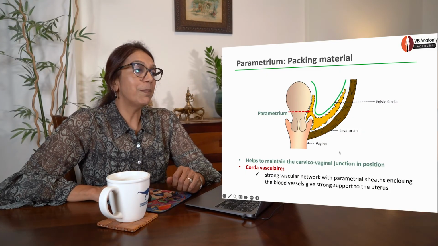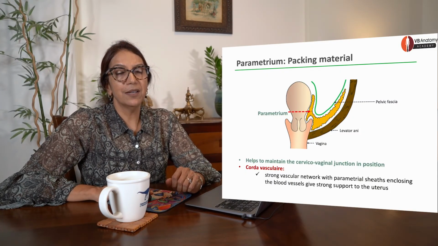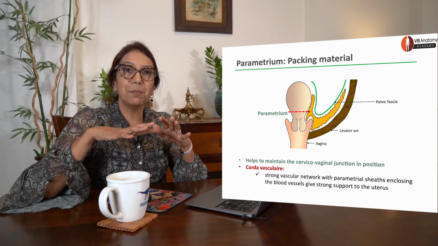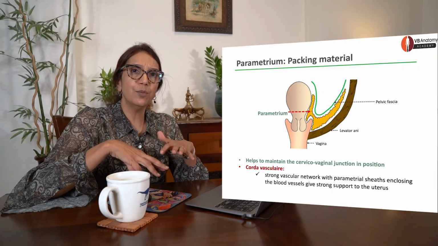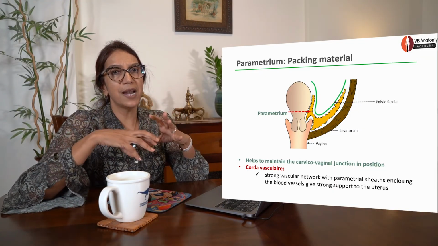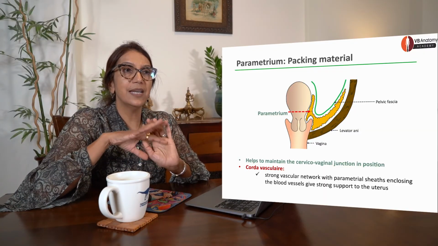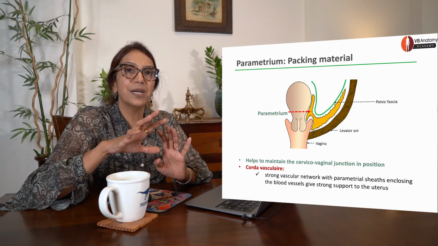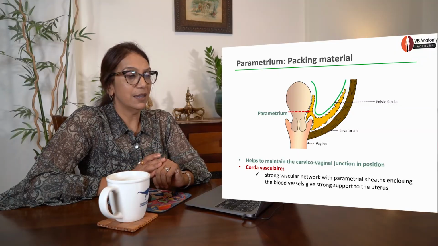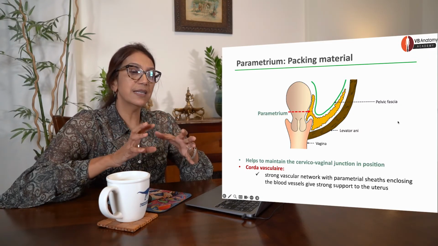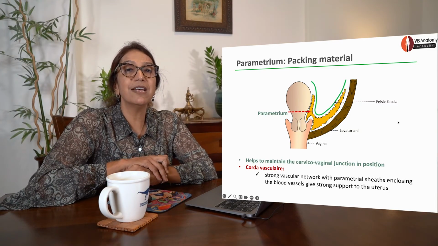Finally, let's talk about parametrium, the packing material. All these visceral organs are there, but there is this fantastic packing material which is firm, which is fibrous, which contains fat. What it does is it packs up all the empty spaces so that it acts as a fantastic packing material supporting the uterus from all sides. The blood vessels in this form what is called chorda vasculaire.